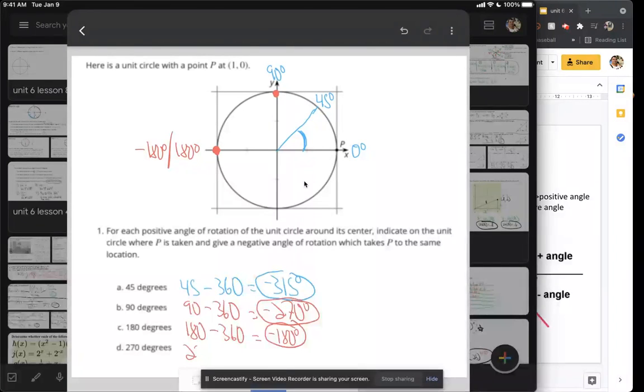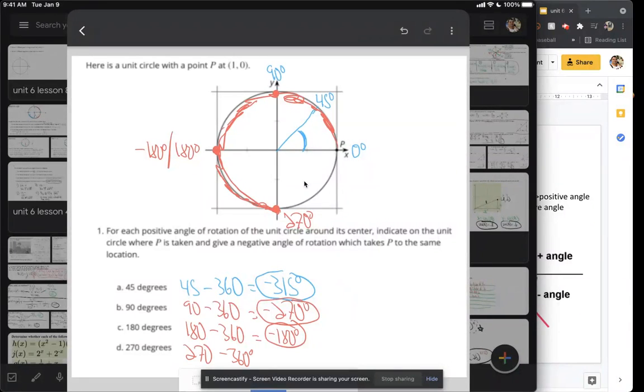270 degrees. So 270 degrees would be going counterclockwise and ending up right here. Okay. So that would be going counterclockwise and ending up 3/4 of the way around the circle. Okay.